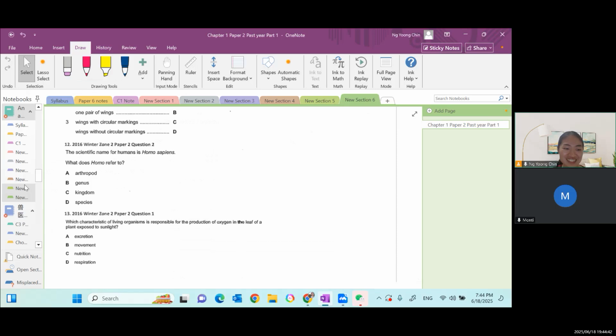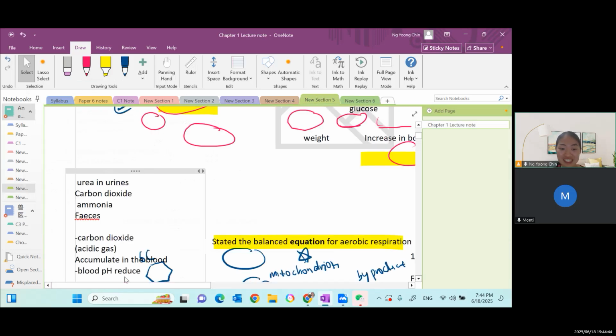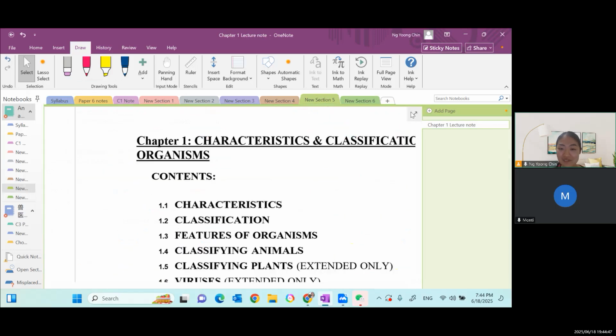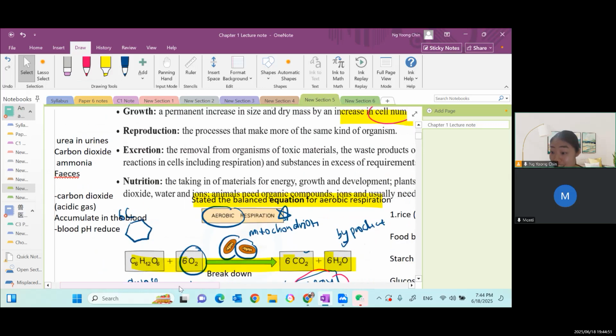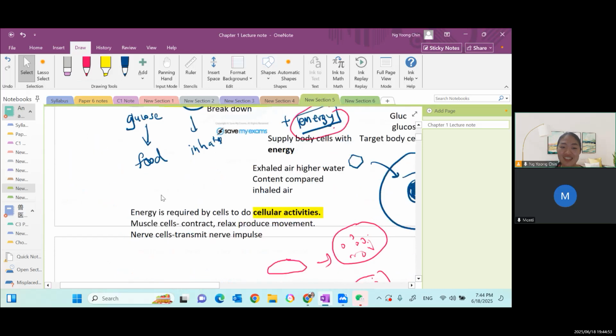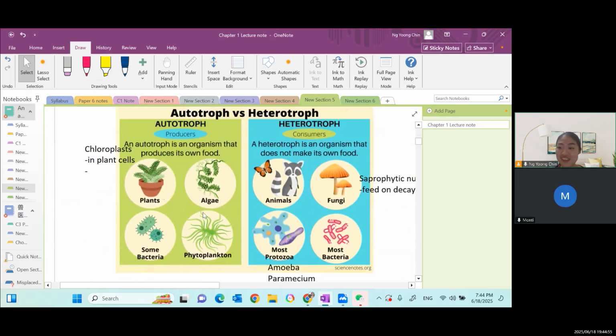Why? Because just now we learned about nutrition, right? We learned about photosynthesis. So the answer is nutrition, because nutrition is included in photosynthesis, because in photosynthesis they produce their own food.